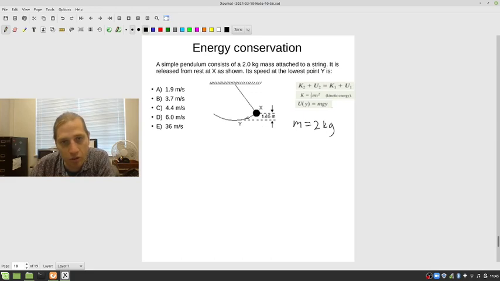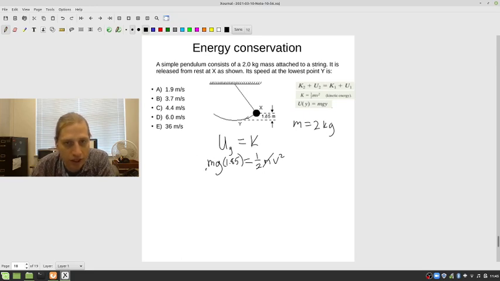Now, the traditional way to do this type of problem, or I should say the quick and dirty way, is to just say, well, at the beginning it has gravitational energy, at the end it has kinetic energy, and I'm just going to go mg times 1.85 equals, so that's my mgh, equals 1/2 mv squared.